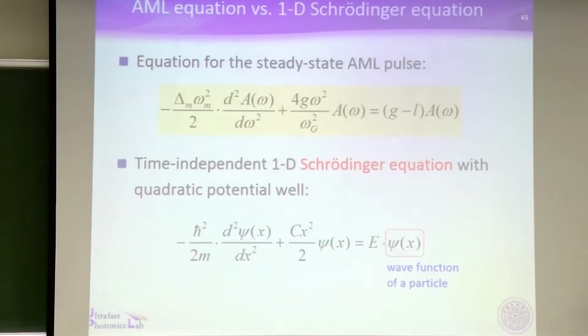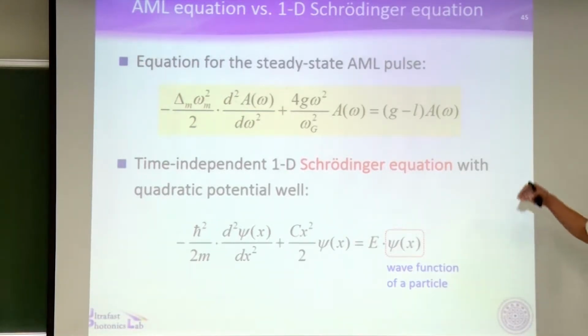But I have to explain the meanings of the terms in this equation. As I mentioned, this is your potential, quadratic potential well, okay? And what is your unknown function? It's a wave function of a particle in quantum physics, okay?